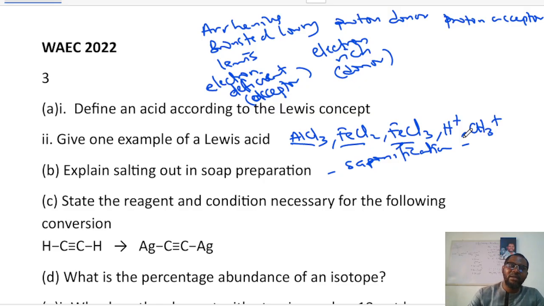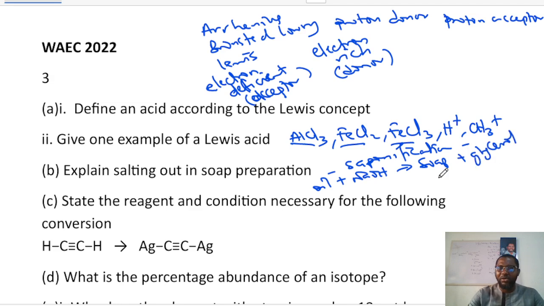That means when oil reacts with sodium hydroxide, you are going to get soap, and then there is a byproduct called glycerol.